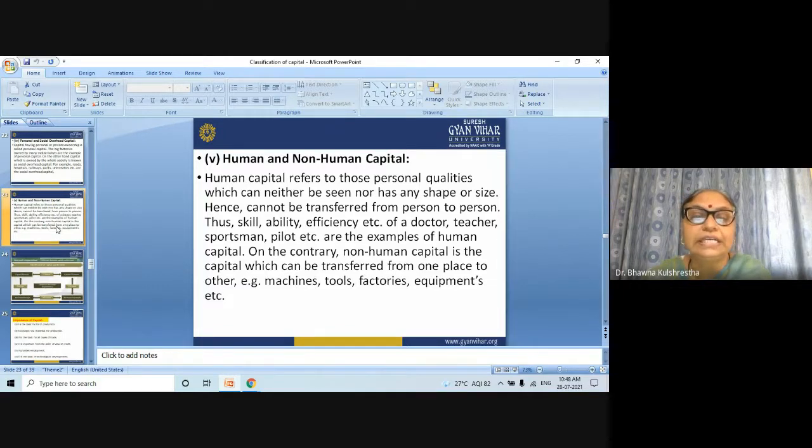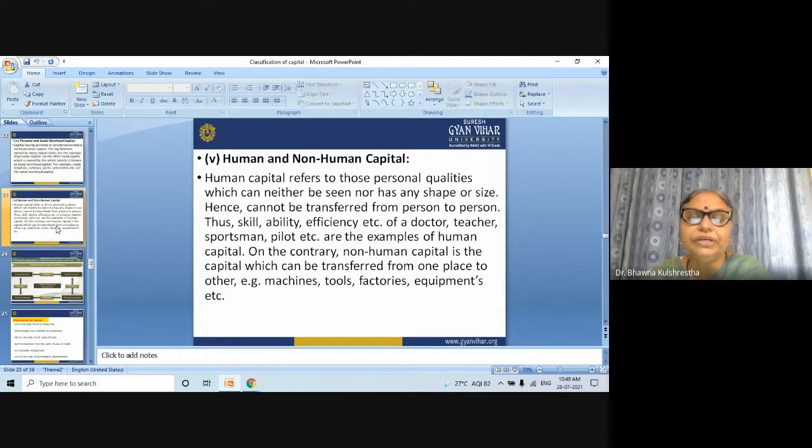Thus, skill, ability, efficiency, etc. of a doctor, teacher, sportsman, pilot, etc. are examples of human capital.